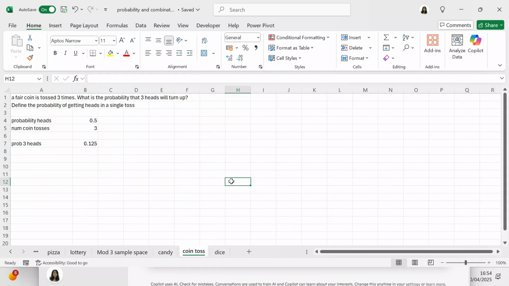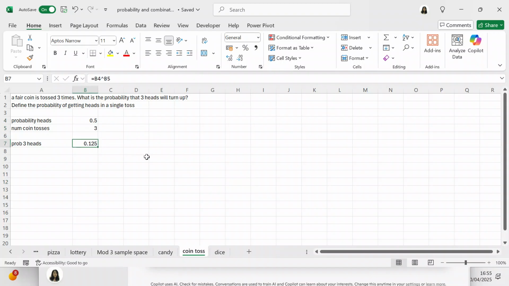Now we're going to do a coin toss. We say a fair coin is tossed 3 times. What is the probability that 3 heads will turn up? Define the probability of getting heads in a single toss. So the probability of heads is 1 divided by 2, so that's 0.5. And then the number of coin tosses is 3.